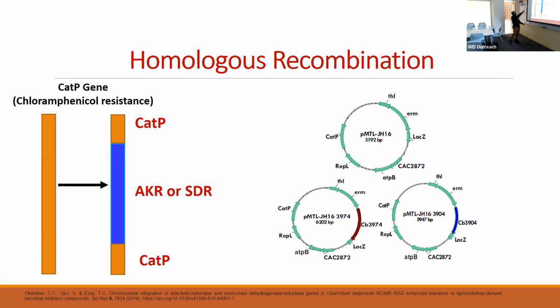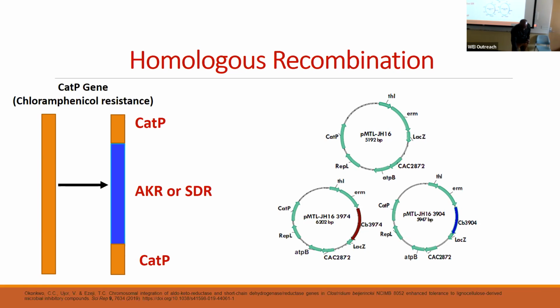There's a particular gene in this organism for chloramphenicol resistance. We're not interested in it, so we need to knock that out. We use homologous recombination, as I talked about a while ago, tagging this particular gene separately with upstream and downstream sequences of that chloramphenicol resistance gene. Use homologous recombination by way of integrative plasmids.